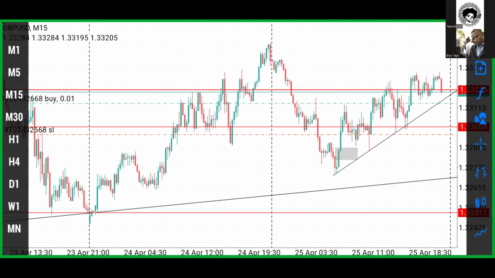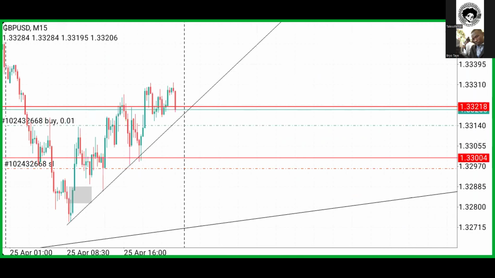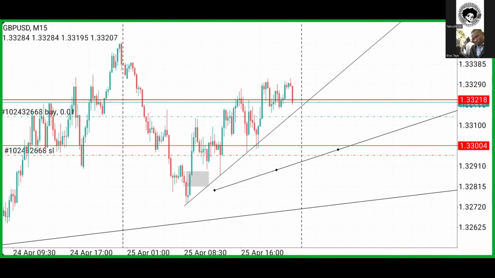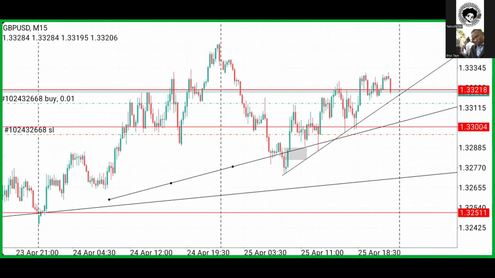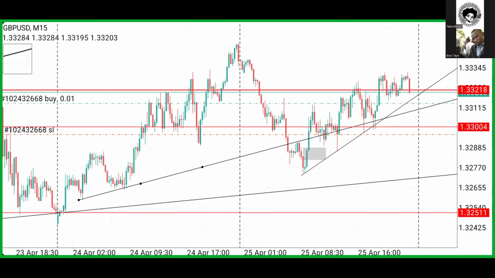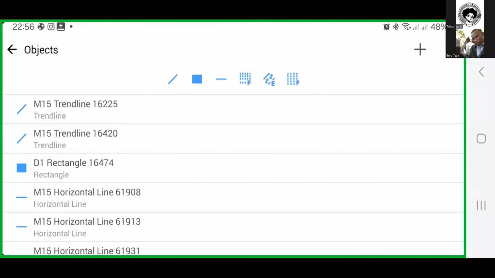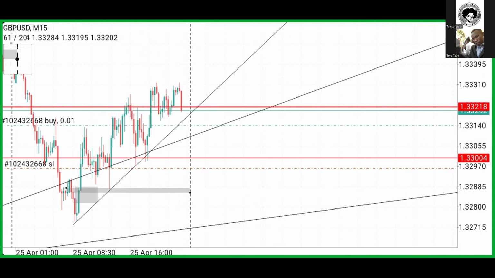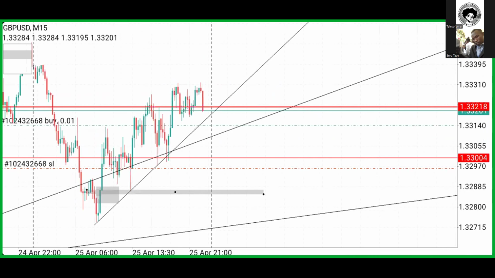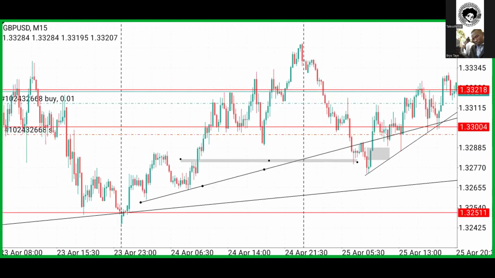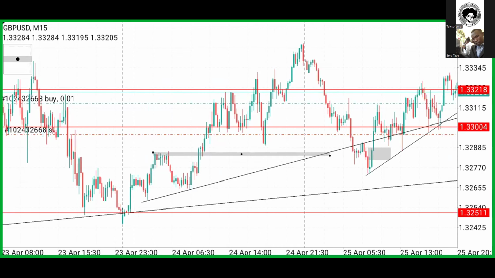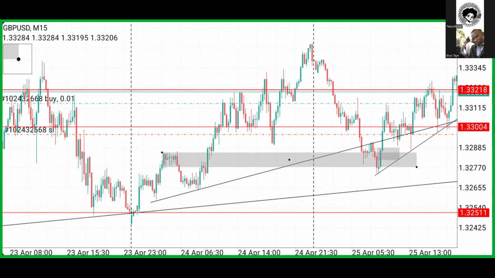The way I've drawn my trend line, but anyway, I'll do some improvements, like this. And it had support there.